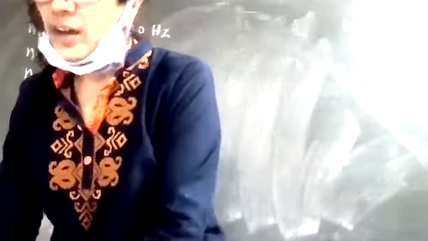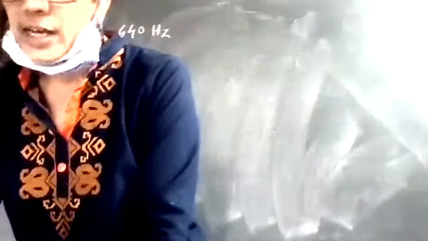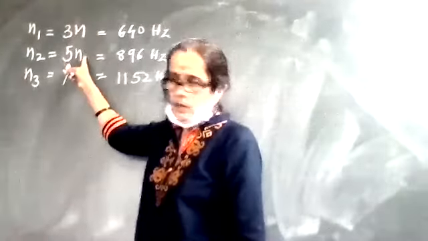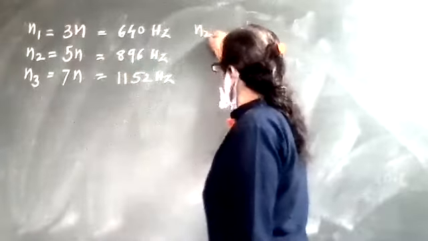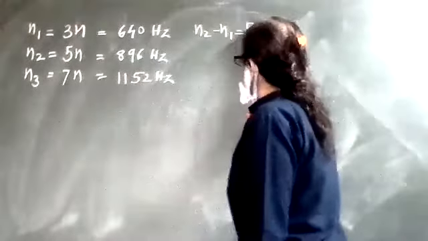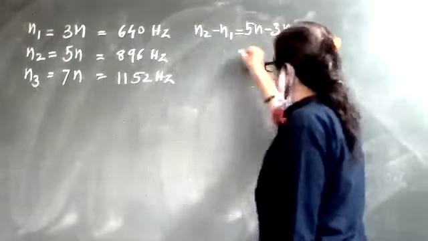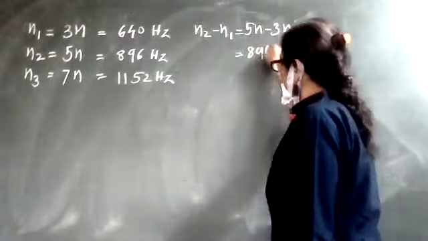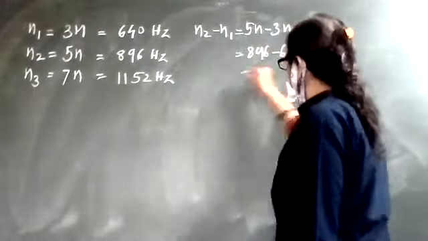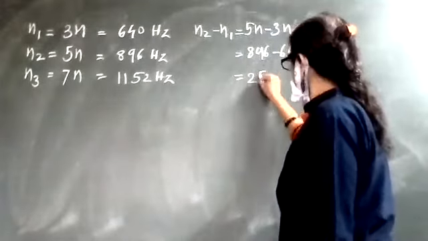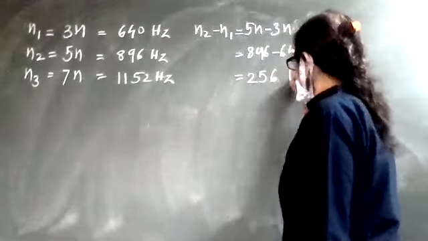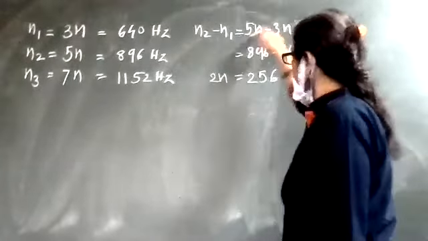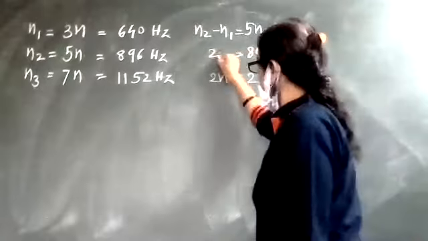Now, if I take into consideration the first overtone and second overtone, these two frequencies, then N2 minus N1 is equal to 5N minus 3N. 5N is 896 minus 640, which is 256.